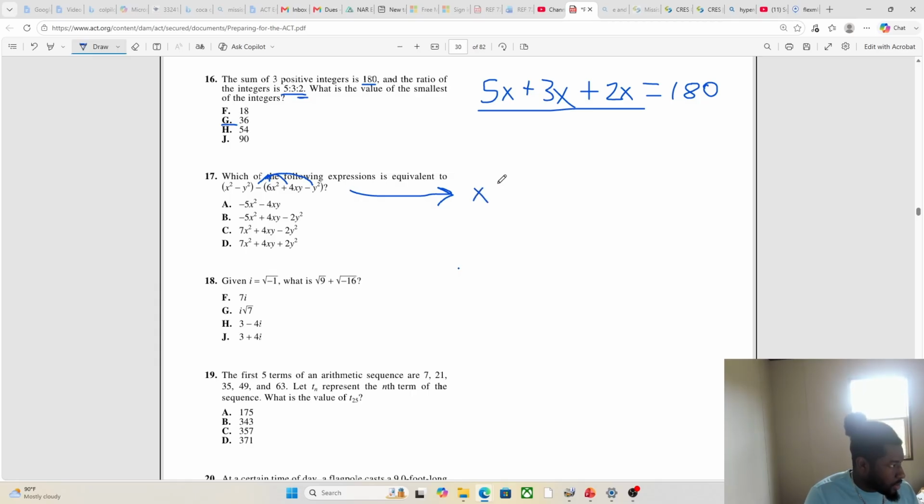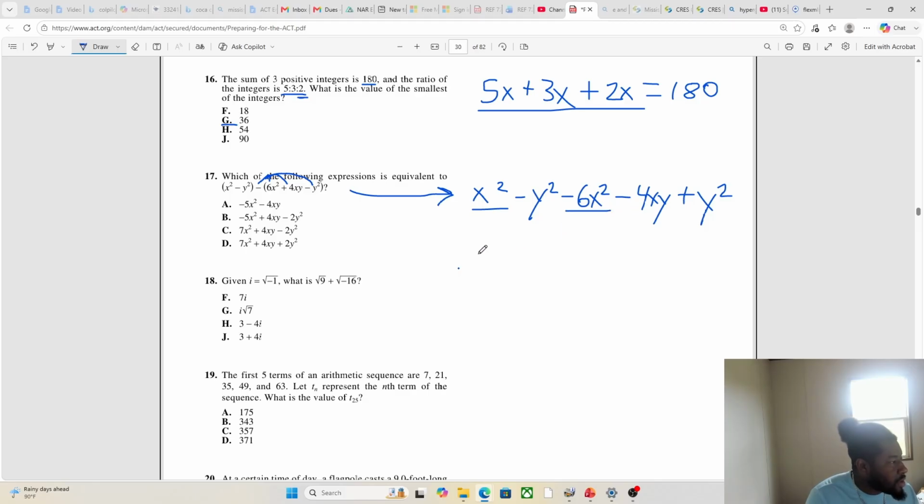So I have x squared minus y squared minus 6x squared minus 4xy, and then minus a negative y squared, so two negatives make a positive, plus y squared. How many x squared terms do I have?